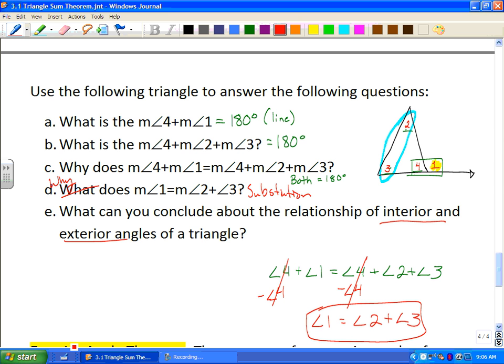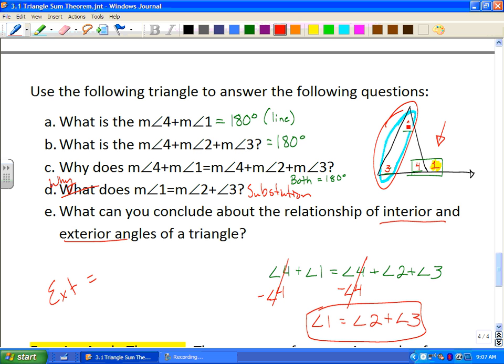Doesn't say anything about 180 right now. The 180 helped us set it up. The exterior angle. The exterior angle is equal to what? Which interiors? 2 and 3, right?